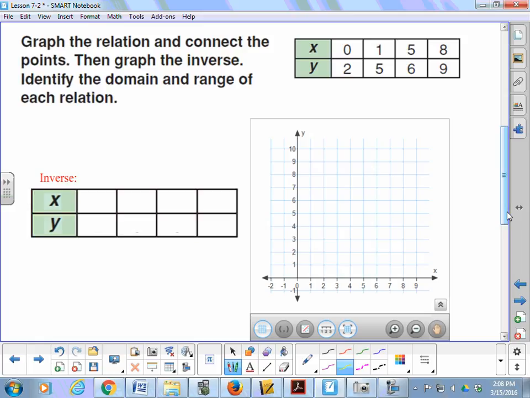So I'm going to start out and just graph them. 0, 2. There we go. 1, 5. 5, 6. And 8, 9. And after you graph them on your paper, we want to connect them. All right? So we're going to actually connect them.